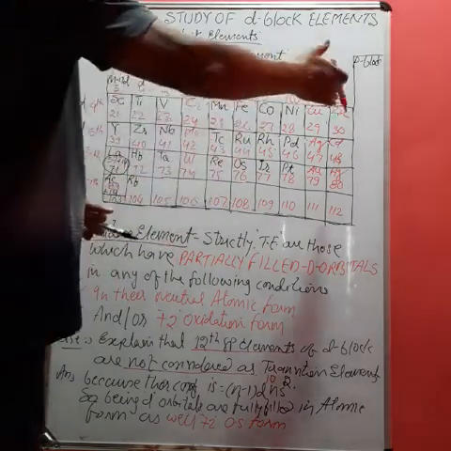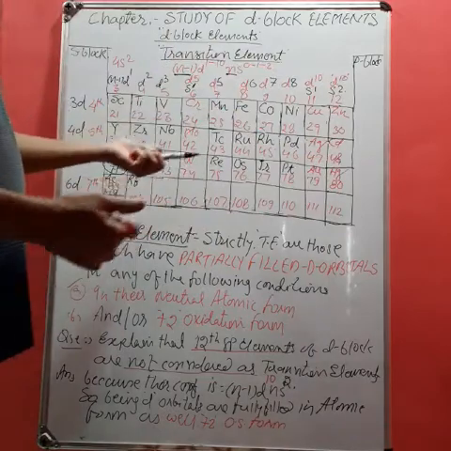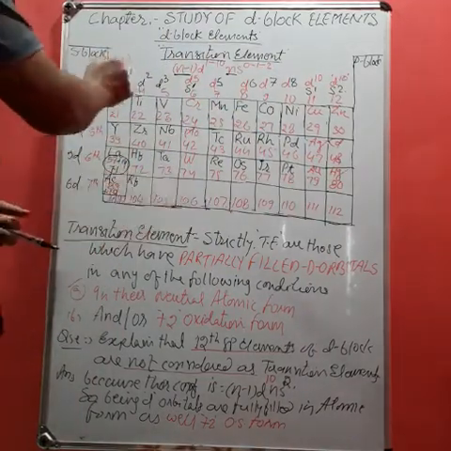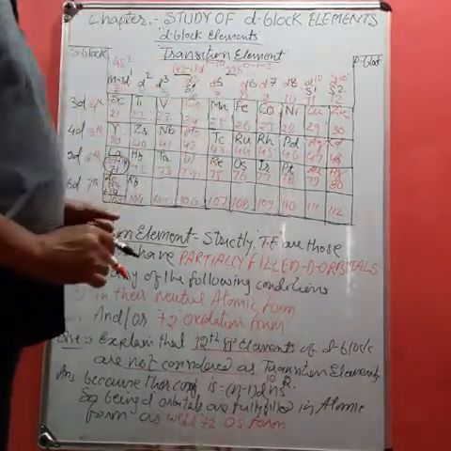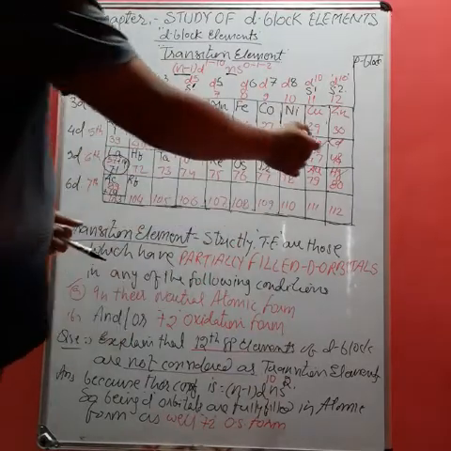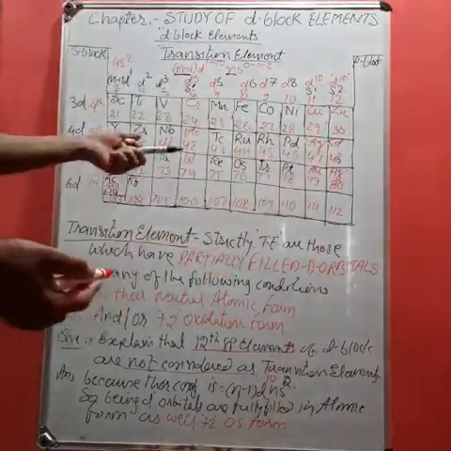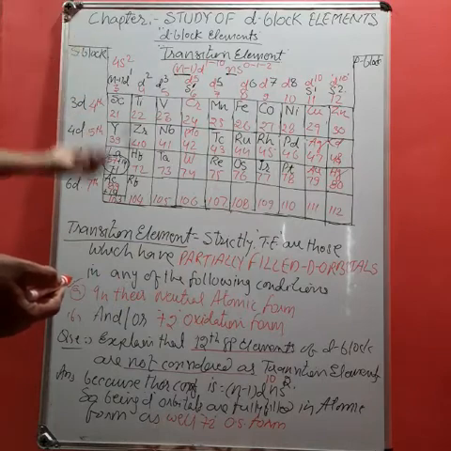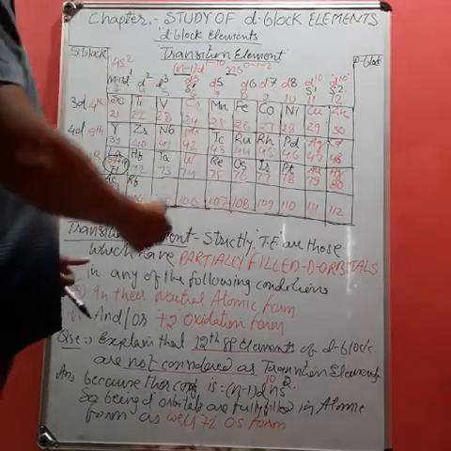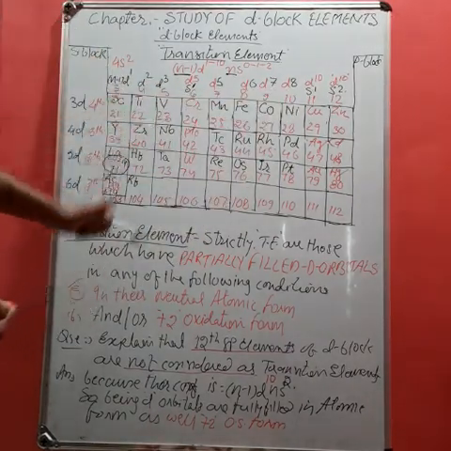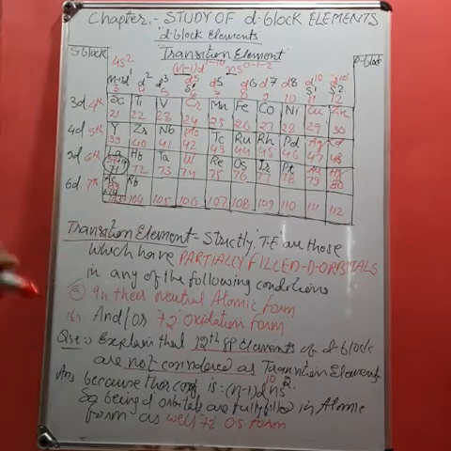Students, also their properties are very different as compared to the properties of 3rd to 11th group elements. Like mercury, it is in liquid form, it behaves very exceptionally as compared to all the elements. Why? This is due to the specific properties.